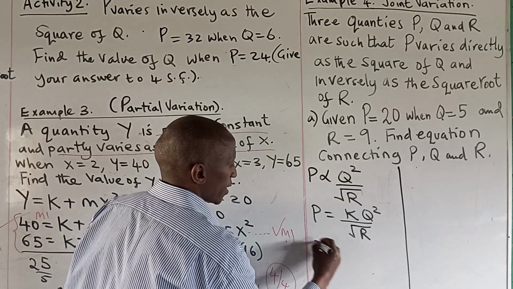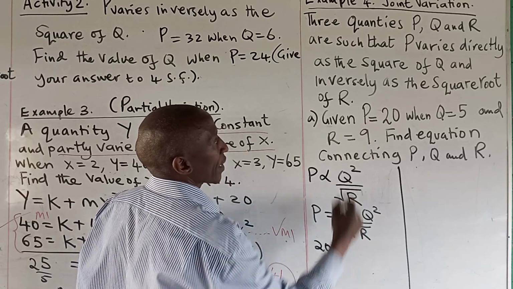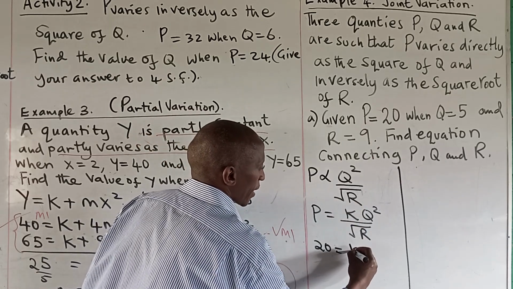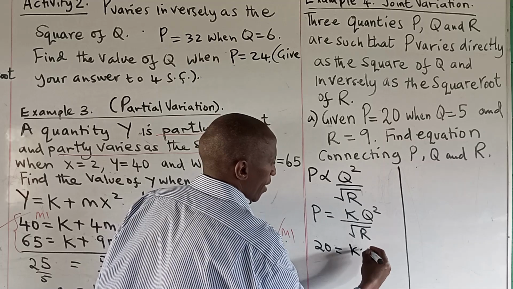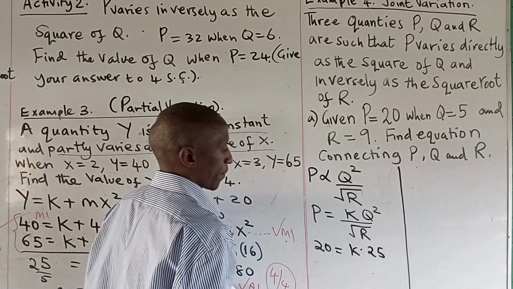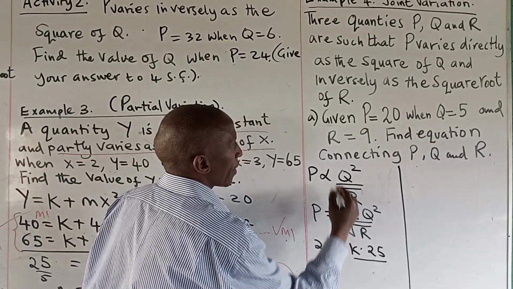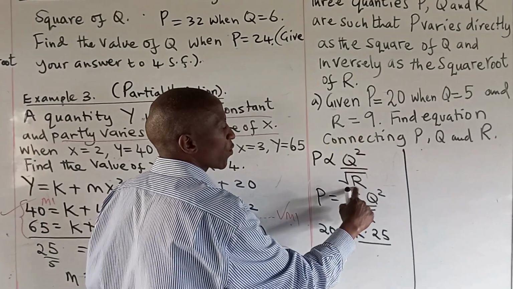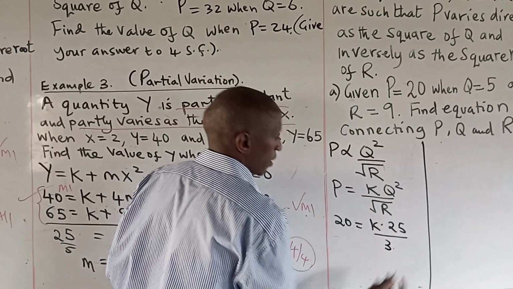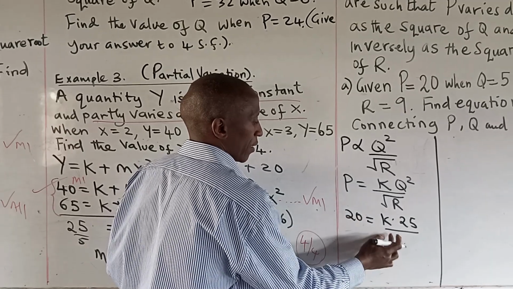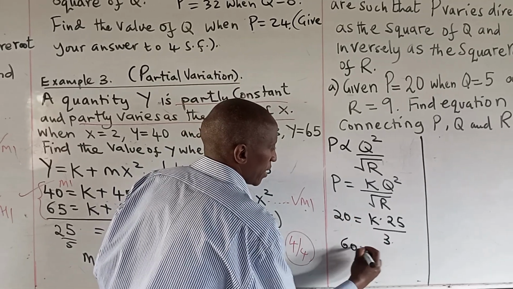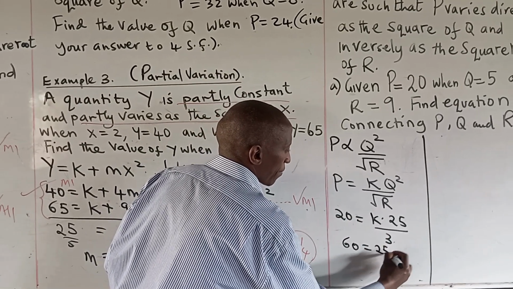So with that, let's look at this part given here, whereby we are told that P is equal to 20 and Q is 5. So we shall have K multiplied by 5 squared, which is 25. And then we are having R is 9. So square root of 9 is a 3. So we multiply 20 by 3, that gives you 60, is equal to 25K.